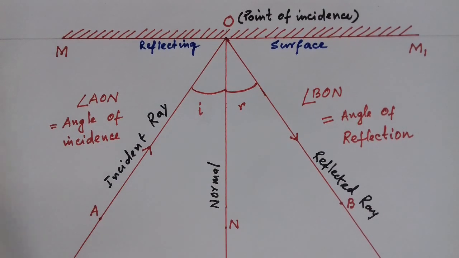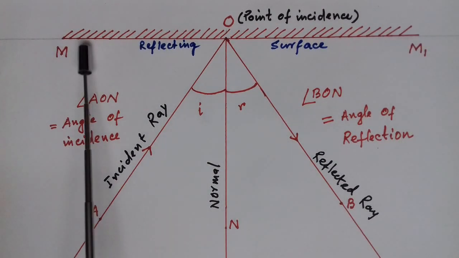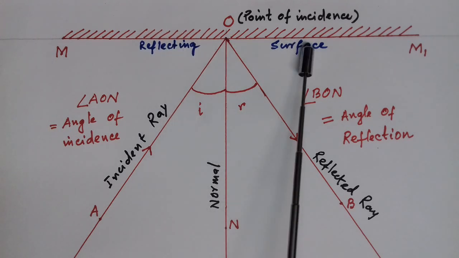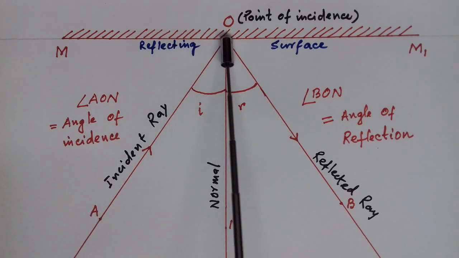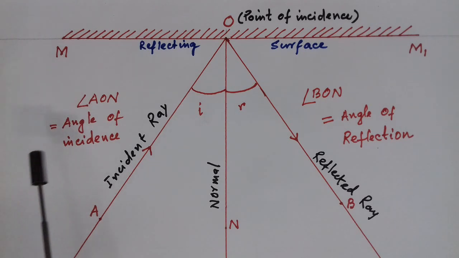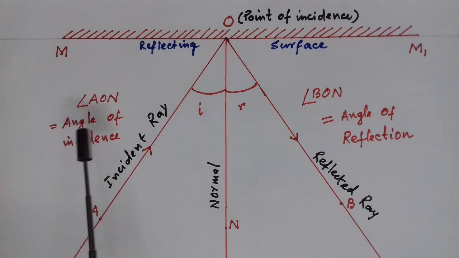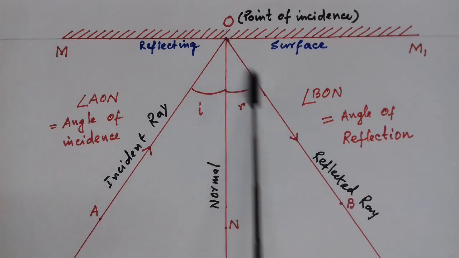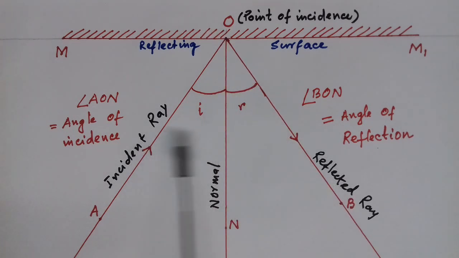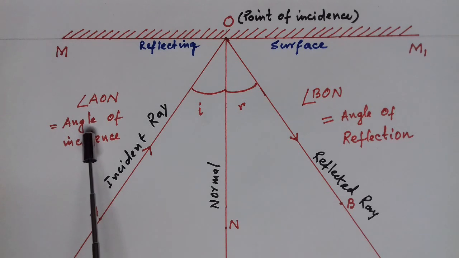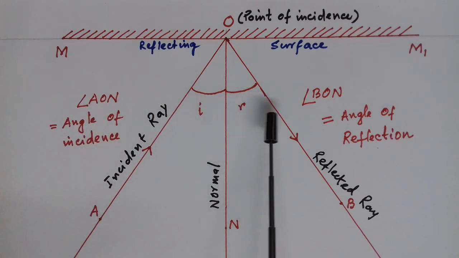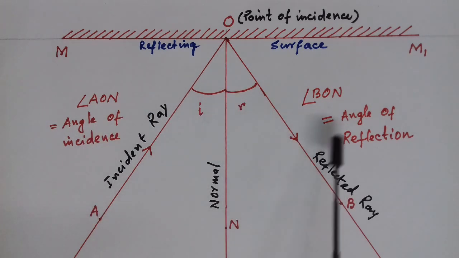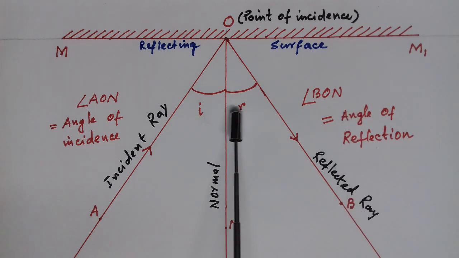So we have learnt that M1 is the reflecting surface, AO is the incident ray which is falling on the reflecting surface, and the ray which is reflecting is called the reflected ray. Here it is OB. Directions are shown. The angle between the incident ray and the normal is called the angle of incidence. The angle between the reflected ray and the normal is called the angle of reflection.